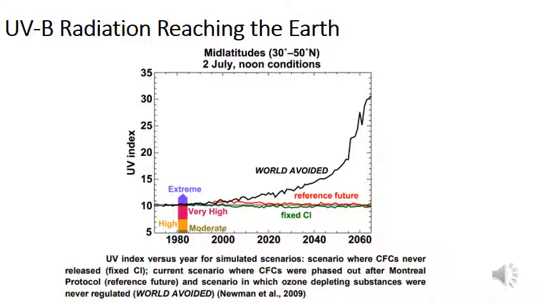Ozone depletion simulations reveal the relevance of the success of the Montreal Protocol. Under any scenario of constant chlorofluorocarbon compound emissions, UV levels would have increased several times before the end of the present century, which would have been devastating for plant life.